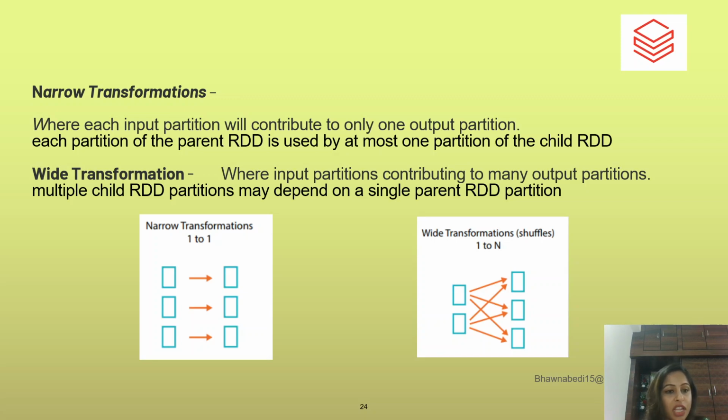Any such wide transformation will involve a shuffle. For that you might need to take the data from different partitions, because it is doing a group by or reduce by kind of operation. So that is the concept of narrow and wide transformations.